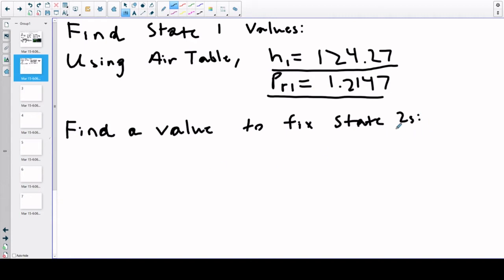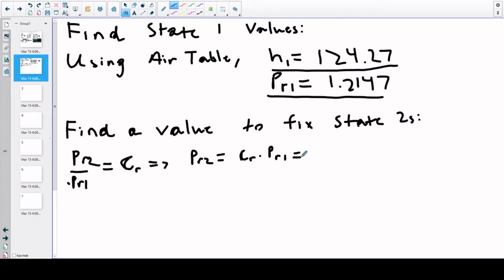So this is state 2S, and we have PR2 over PR1 is equal to the compression ratio, which is CR.